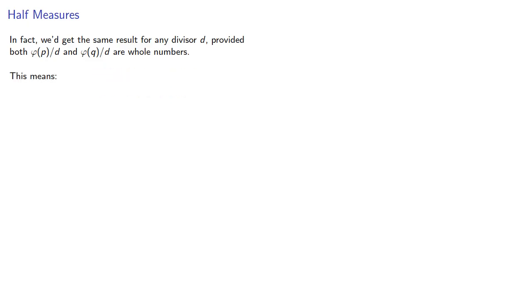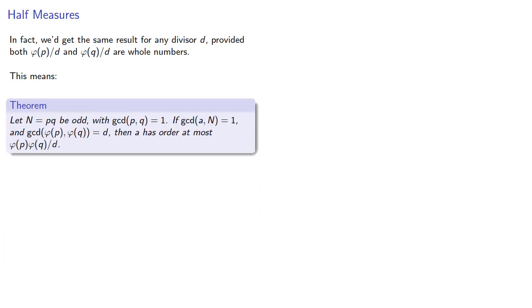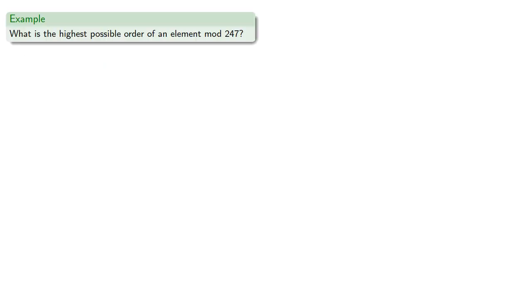And this means our theorem is actually even more general. Let n be an odd product, where the greatest common divisor of the two factors is 1. If the greatest common divisor of a and n is 1, and the greatest common divisor of phi of p and phi of q is d, then any a has order at most the product divided by d. So let's consider the highest possible order of an element mod 247.